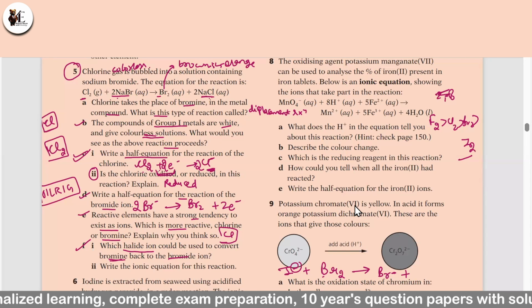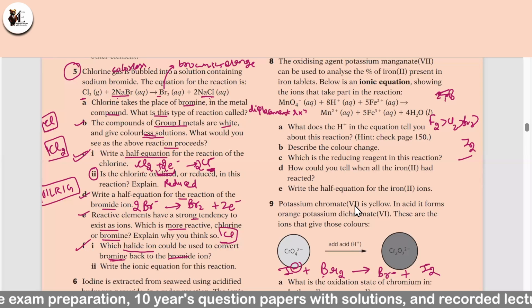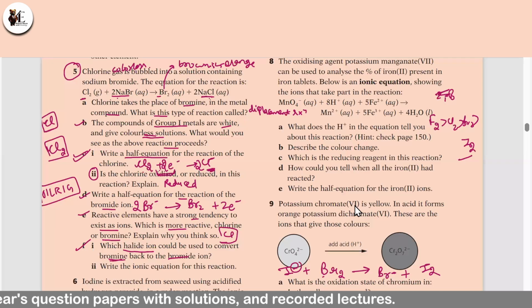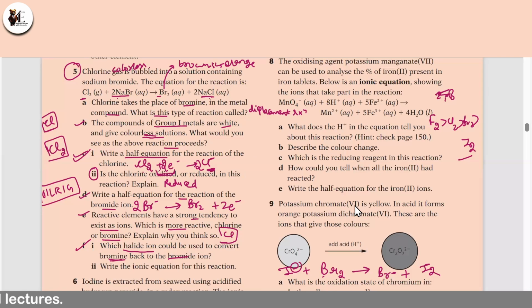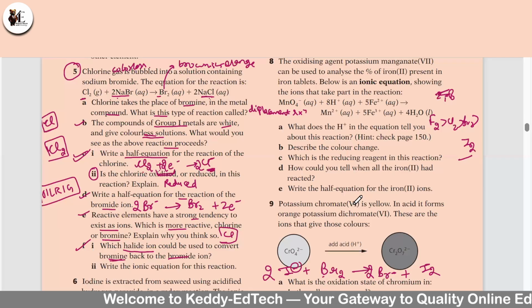So this should be the ionic equation: I minus plus Br2 gives Br minus plus I2. It should be 2I minus and 2Br minus. Yes.